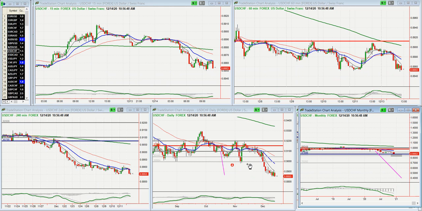The only caution I'm putting out here is that the Swiss National Bank, the central bank in Switzerland, the SNB, actually likes to intervene. They don't like to see the Swiss franc losing in value, especially against the euro, but it's reflected here as well.